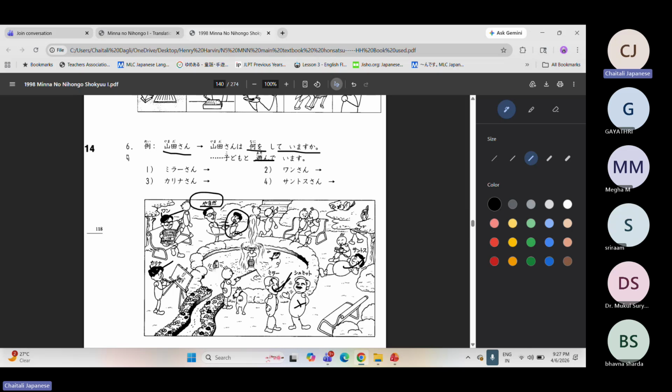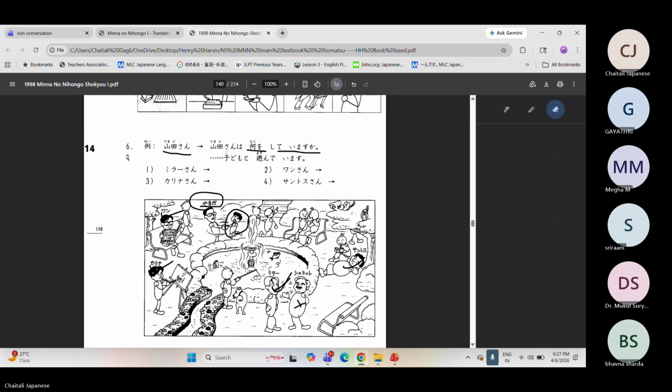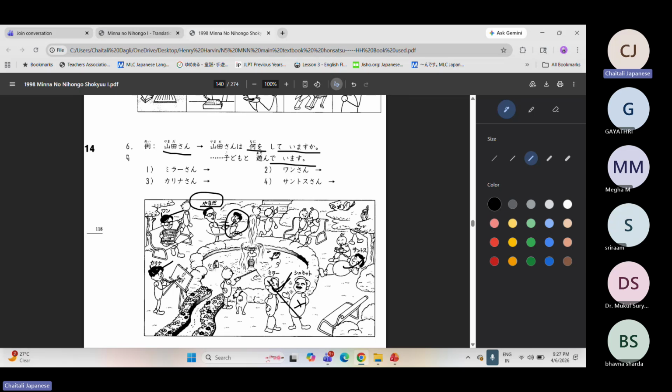So your answer will be Mira-san wa Shumito-san to hanashite imasu. We want the verb in te form plus imasu as the sentence pattern here. Are we clear, everyone? Yes or no? Yes, ma'am. Then this Mira-san is done.